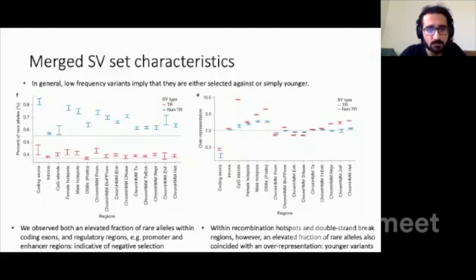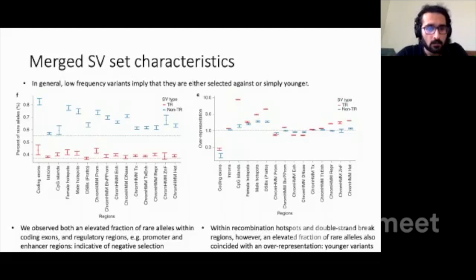The x-axis shows the different regions that we're looking at, such as coding exons, introns, CpG islands, female and male recombination hotspots alongside double-strand breaks, and also ChromHMM chromatin state regions, such as promoter, enhancer, regulatory regions, and otherwise. As I said, we're first looking at the percent of rare alleles and also the overrepresentation or underrepresentation of SVs, for tandem repeat and non-tandem repeat, in these regions.